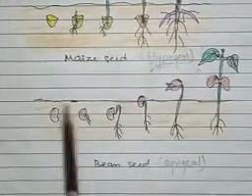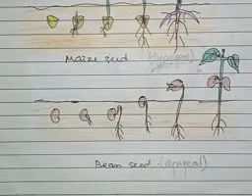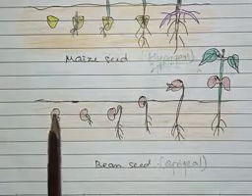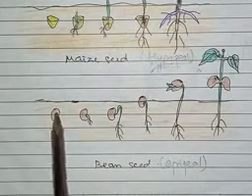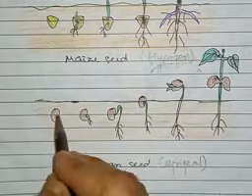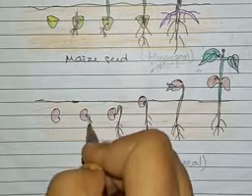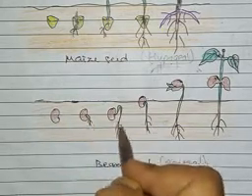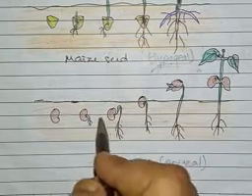So here we have the diagram for epigeal germination. Now when you talk about the bean seed, we have put the bean seed into the soil. The bean seed will absorb water from the soil, the testa will break, and the radicle will come out. The radicle will grow in the downward direction and form the root system, right.